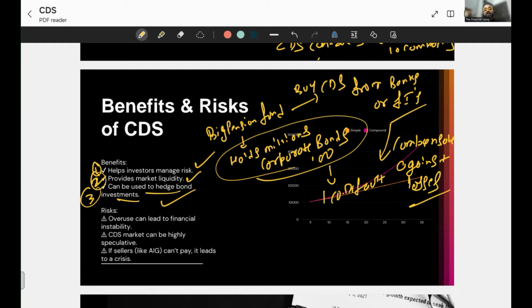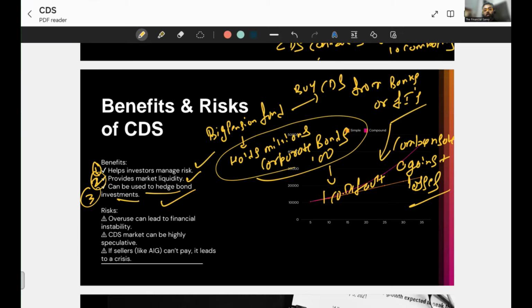During the 2008 crisis, the prices of CDS soared very high, because the probability of default of the financial institutions and borrowers was very high at that time. If the probability of default of the borrowers is very high, that pushes CDS prices very high, and that's what happened in 2008.